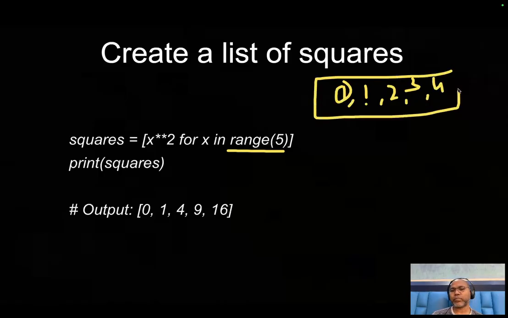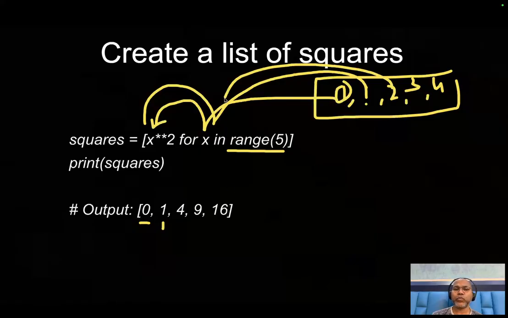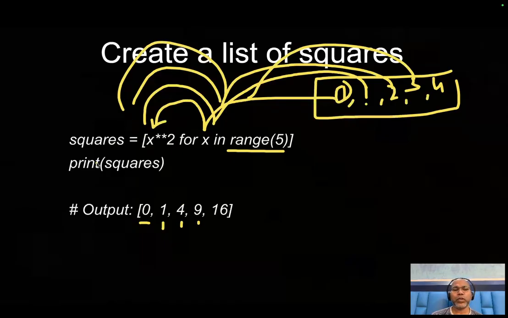So here you take the first element x and compute x power of 2, which gives 0. Again you take one element, 1 power of 2 gives 1. Again 2 power of 2 gives 4. Again 3 power of 2 gives 9. In this way you create another list using list comprehension.